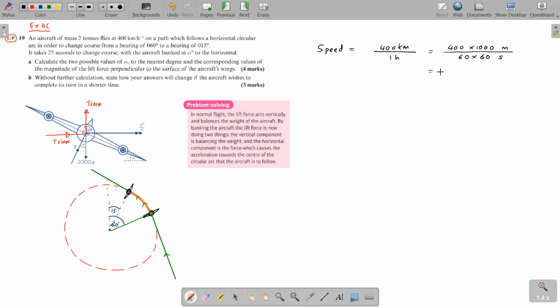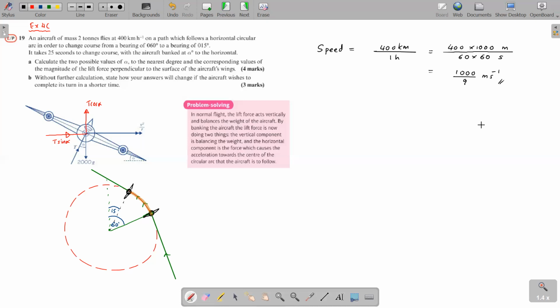So this gives me 1000 over 9 meters per second, the speed. Let's keep it in exact form at this point.